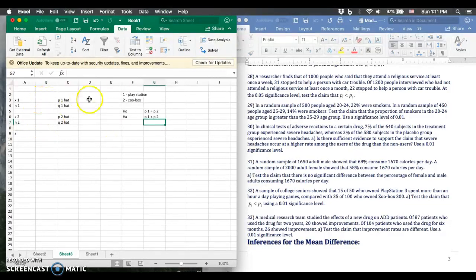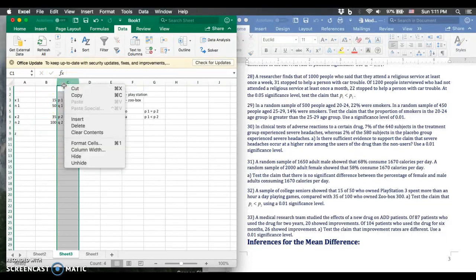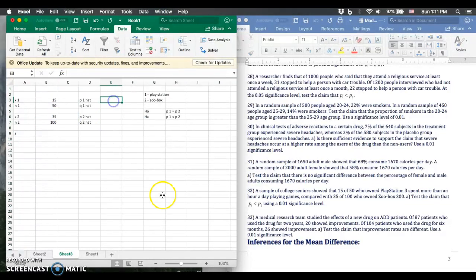So first, I already have my default that 1 stands for PlayStation, 2 stands for Zoom Box. So X1 is going to be the number of people. For the PlayStation, I have 15 students out of 50, which is my N1. For my X2, which is my Zoom Box, I have 35 and 100. Then my P1 hat is going to be 15 divided by 50.